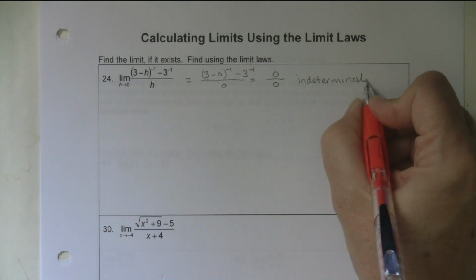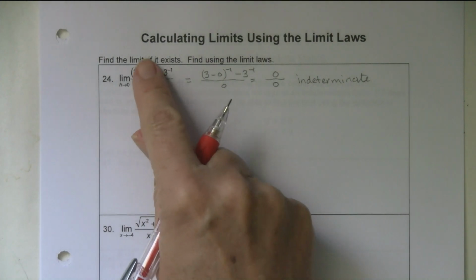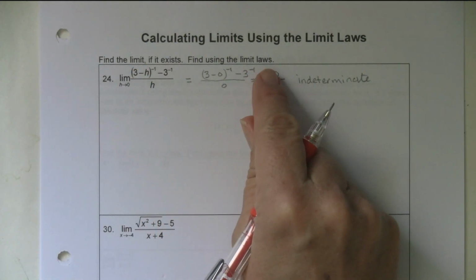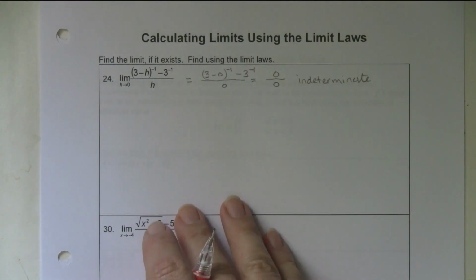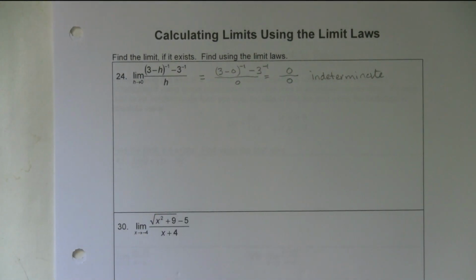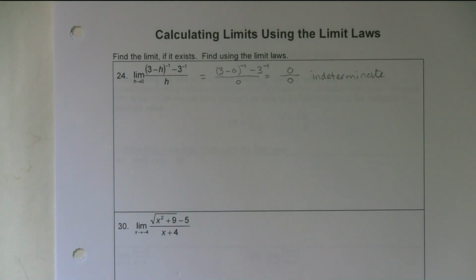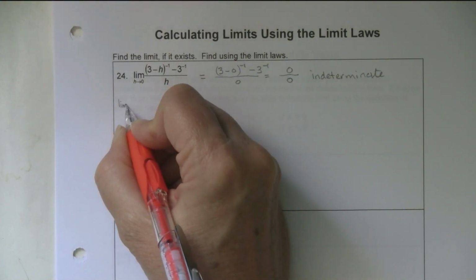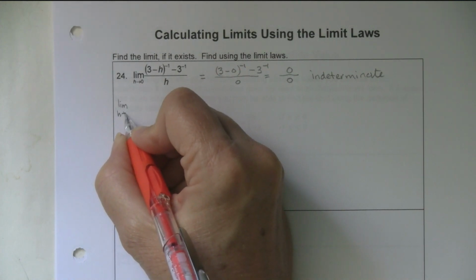And so that usually means that you're going to try to simplify this so that the denominator reduces out. And when you do that is when you have 0 over 0. And so that's what I'm hoping to do. So I'm thinking, well, I should write that with the negative ones as fractions. And so this would be the limit as h goes to 0.